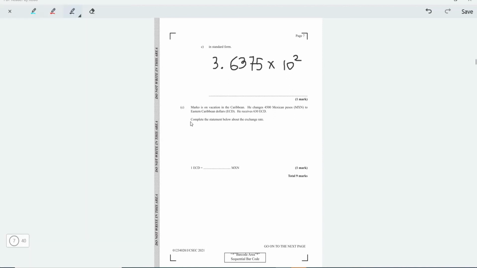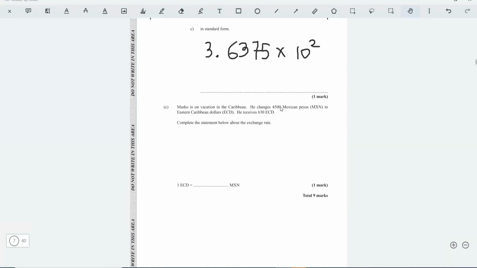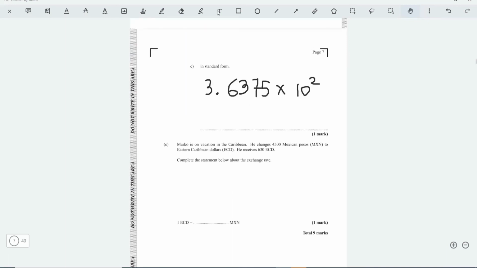The next part says Marco is on a vacation in the Caribbean, and he changes 4,500 Mexican dollars to Eastern Caribbean dollars, and he receives 630. Complete the statement below to find the exchange rate. So 4,500 Mexican dollars, I'm going to write MXN, is 630 ECD.